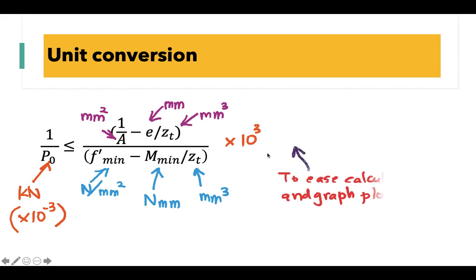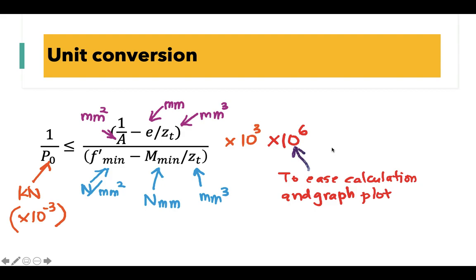In order to ease the calculation and also for the graph plot, since if we just use these units the value that we are going to have will be of a very small value, we are going to multiply the whole equation with 10 to the power of 6.